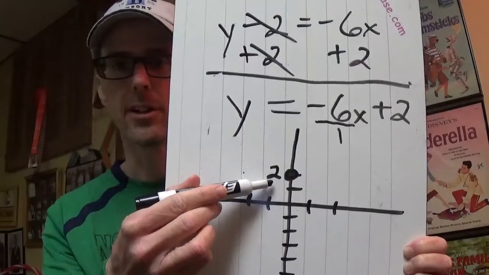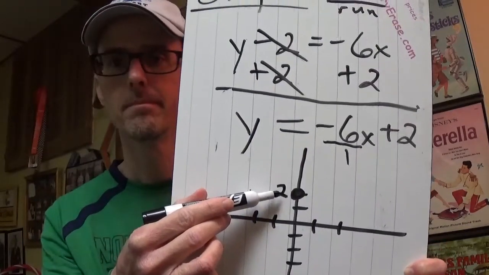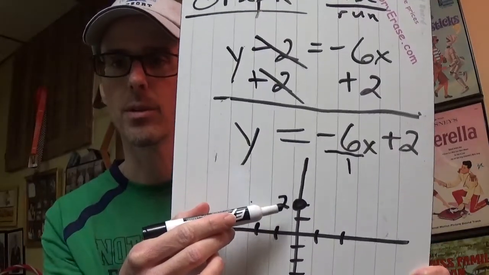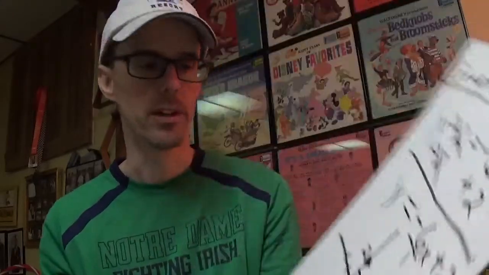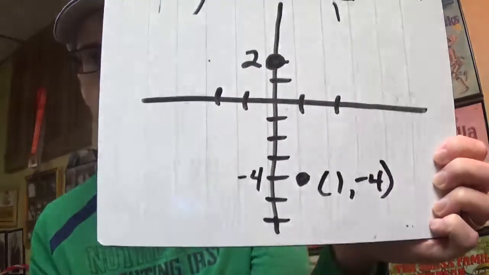So from the starting point, from the y-intercept, not from the origin, drop 6 and then go right 1. So I believe that puts us at the point 1, negative 4.